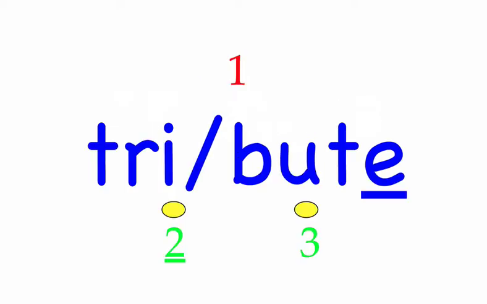Once you've done so, advance the video to see if you've marked it correctly. Tribute. 2 is underlined because we have an exception to vowel group 2. Vowel group 2 says if you have one vowel at the end of a syllable, it will represent its long sound. But we don't say tribute with a long I, we say tribute.